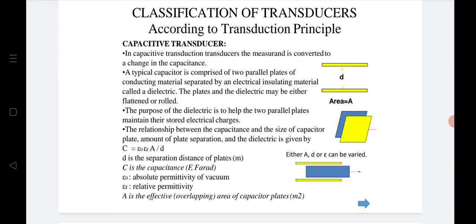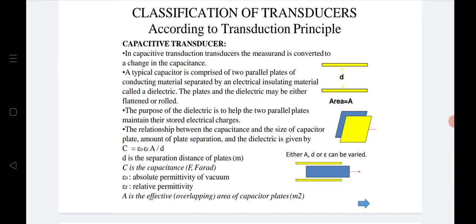The plates and the dielectric may be either flattened or rolled. The purpose of the dielectric is to help the two parallel plates maintain their stored electrical charges; the energy is stored between the plates in this dielectric medium.